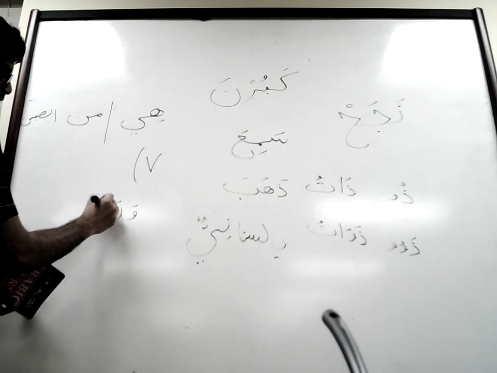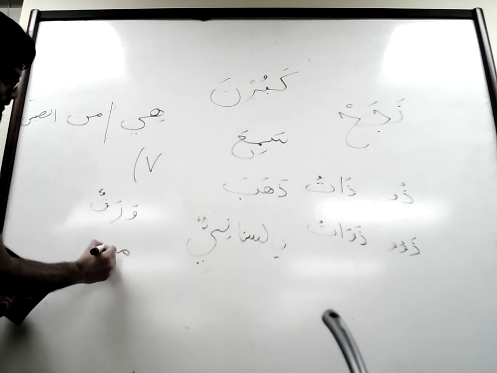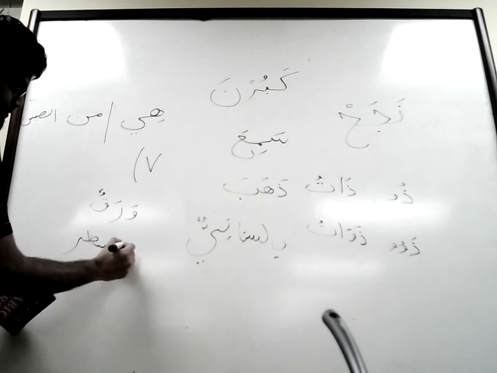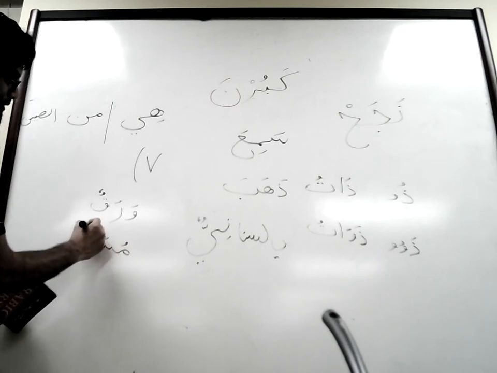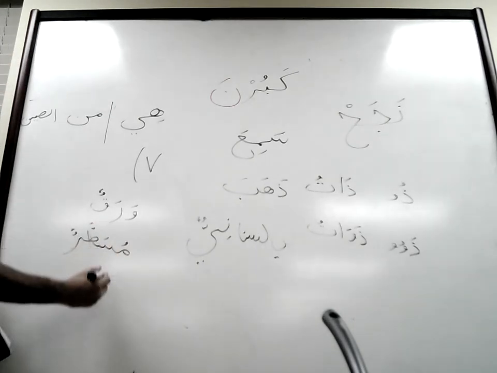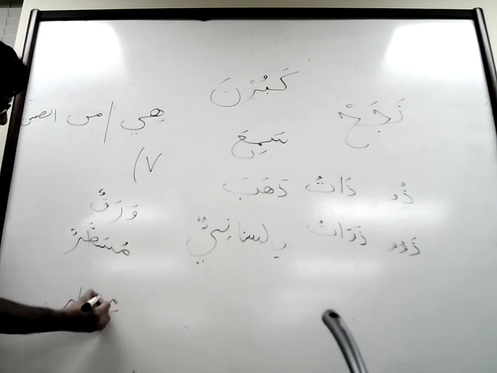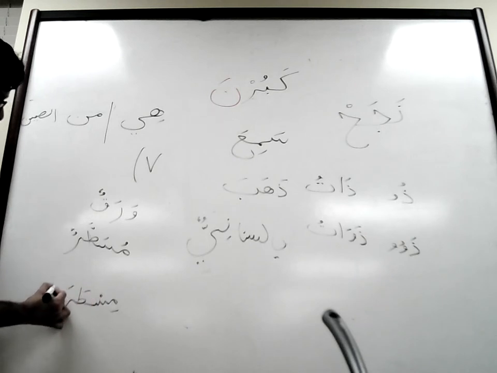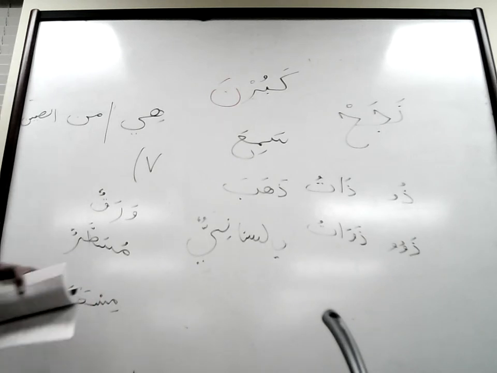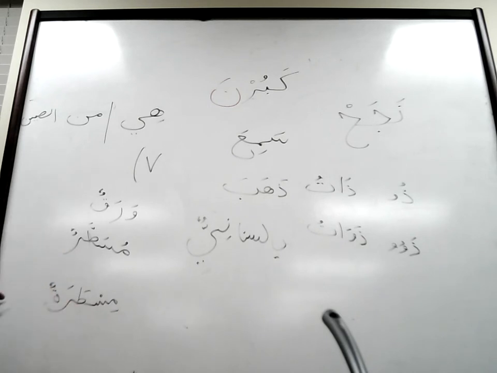Waraqun is paper, and musattarun is ruled or lined. The same root is in mistara, a vocab word in book 1. Mistaratun means ruler, something to measure the line with. So this is ruler, and this is line. Notice they have the same root: sin, ta, ra. We're going to learn how all of these are formed.